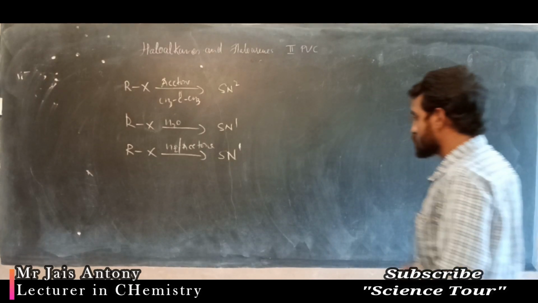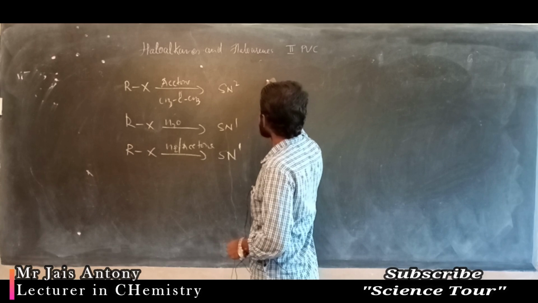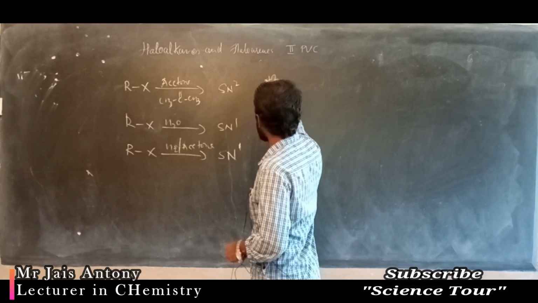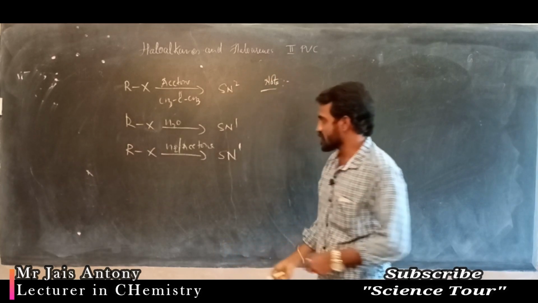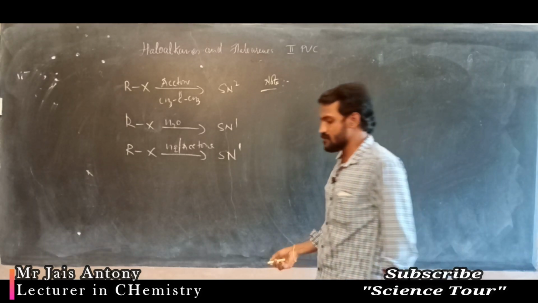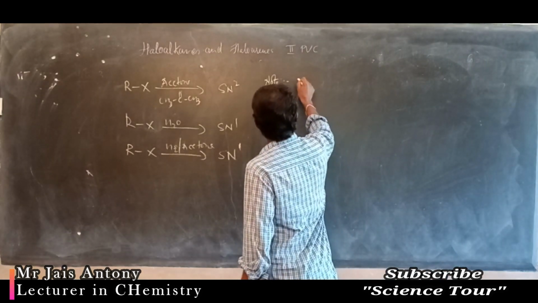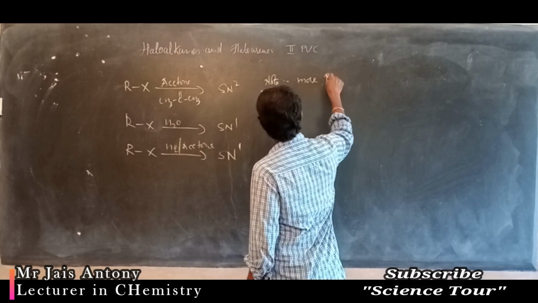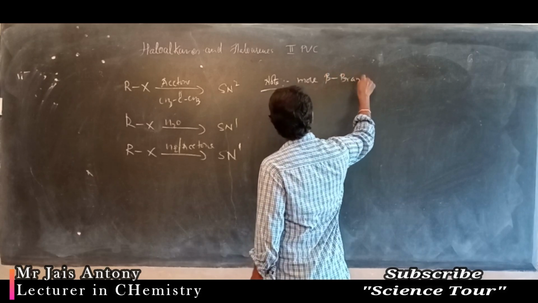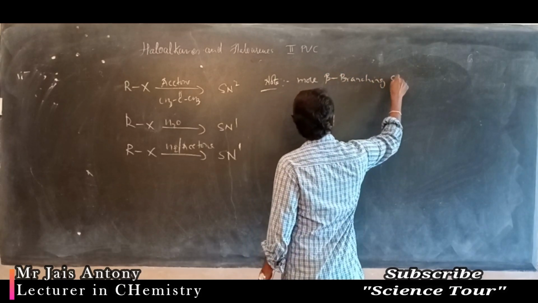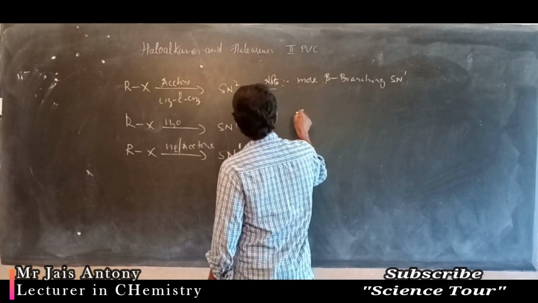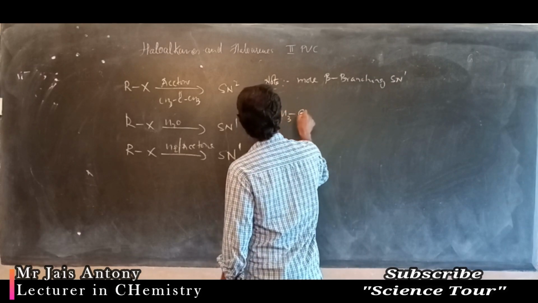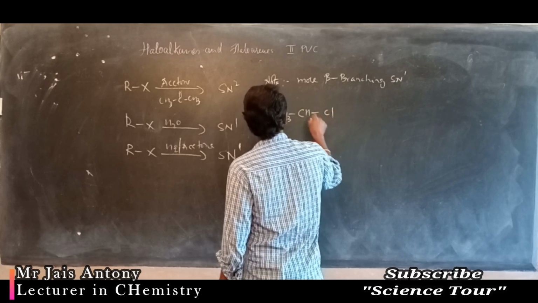Okay students, next note. The next note is about beta branching. More beta branching favors the SN1 mechanism. For example, imagine this is a compound, a chloride.